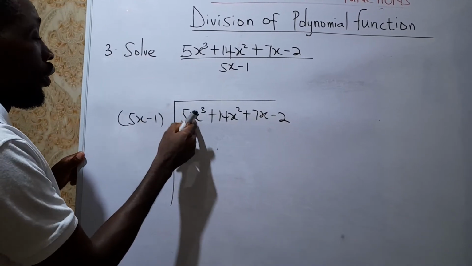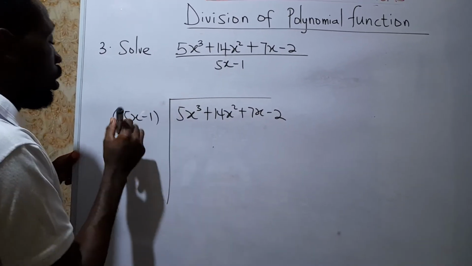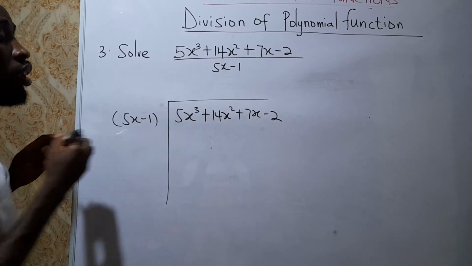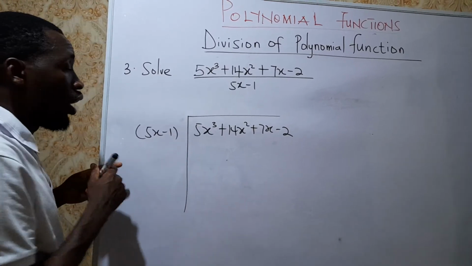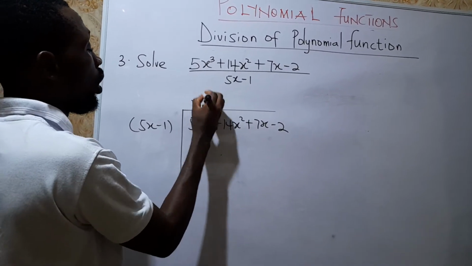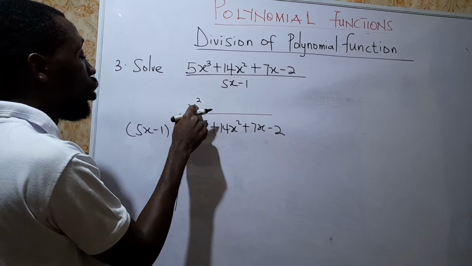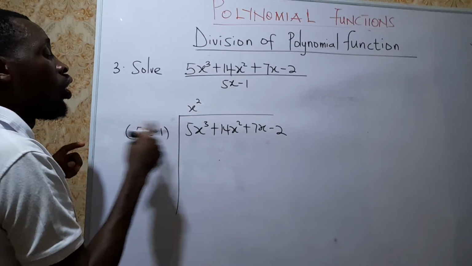So 5x divided into 5x cubed will be x squared. In other words, when we multiply x squared by 5x, we'll get 5x cubed.